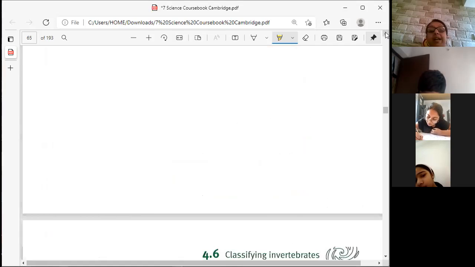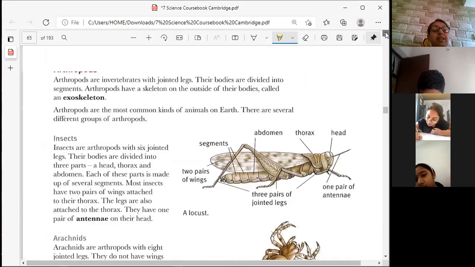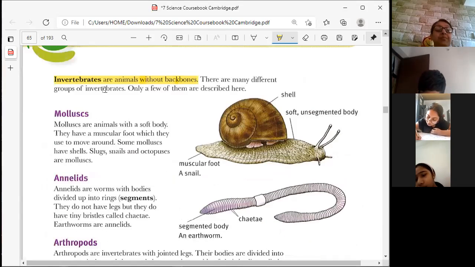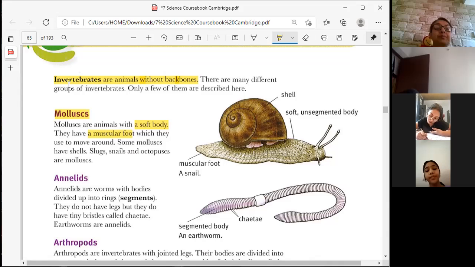Now we will write the characteristics of each one of them. The first one, you will write the name, and then the characteristic will be first point, soft body, second, a muscular foot, and third, may have shells. When I say may, it means may or may not, correct?